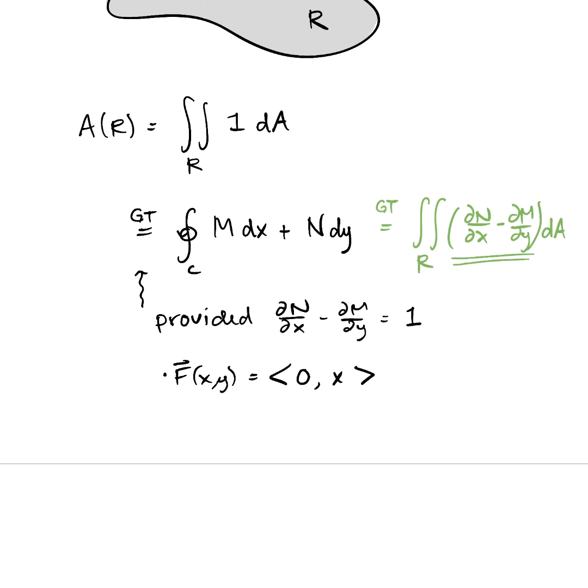Now, that's not the only one, of course. You could have gone this route. How about negative y comma 0? That'll do it. dN/dx, take away dM/dy, that's 1. And the list is infinite, in fact. You could have done this if you felt like it.